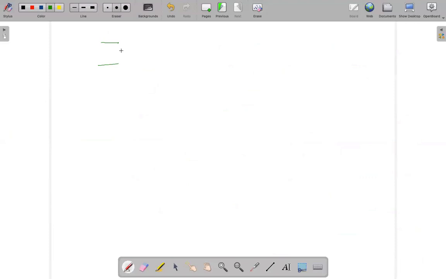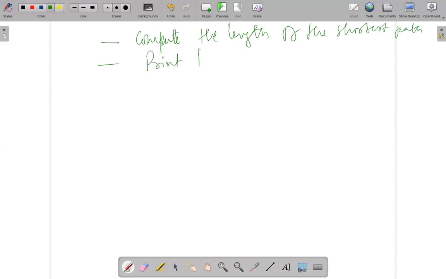In the first step, we would compute the length of the shortest path. And in the second step, we will print the shortest path.